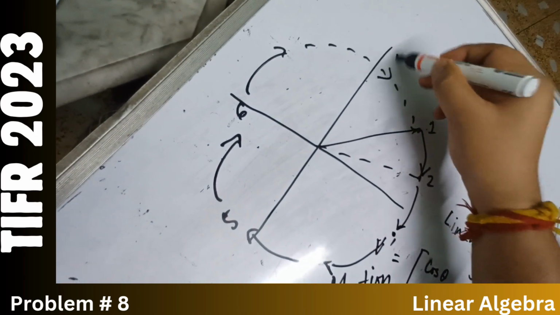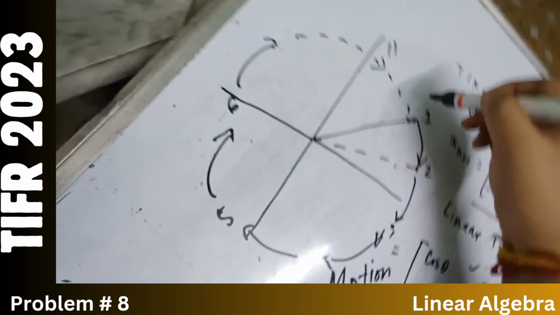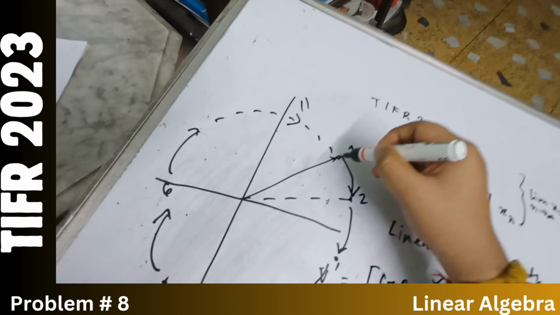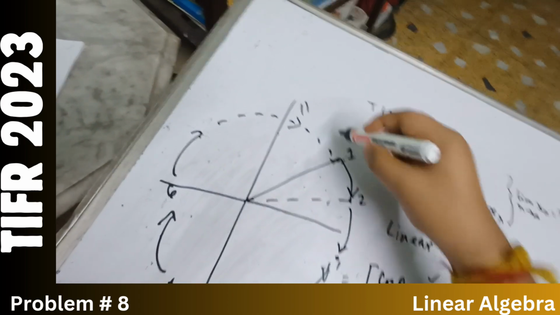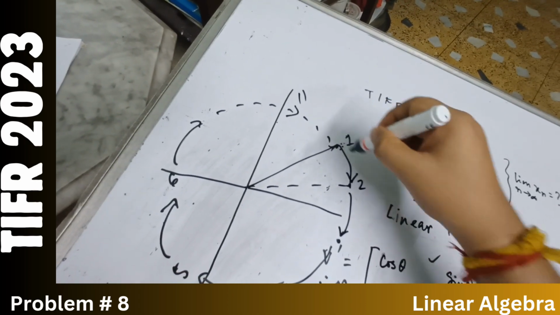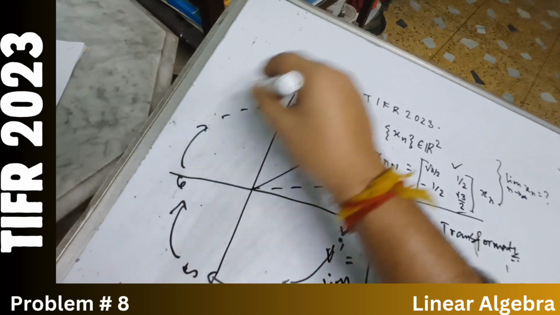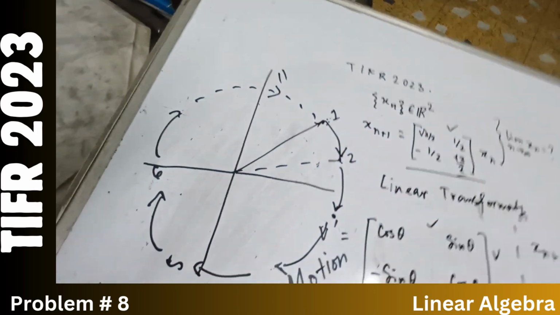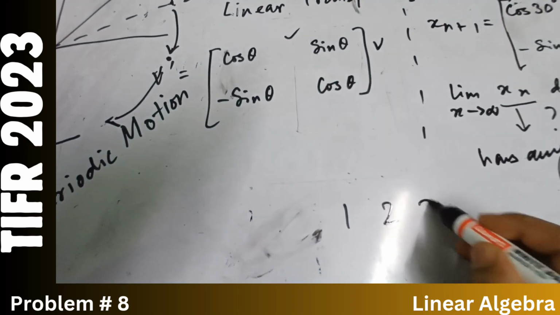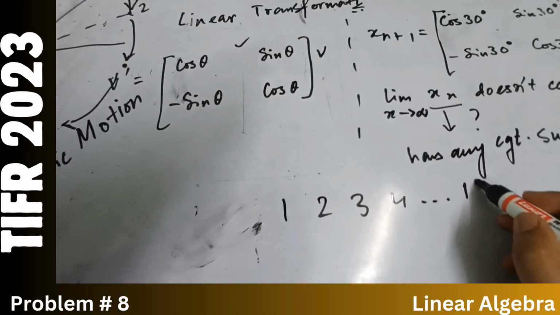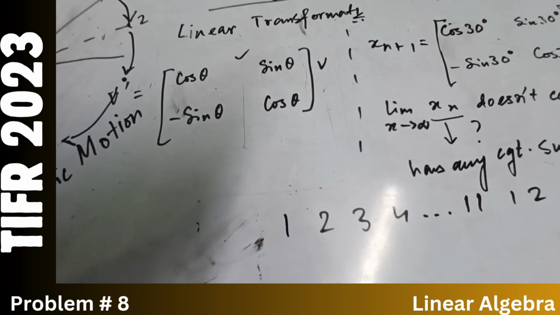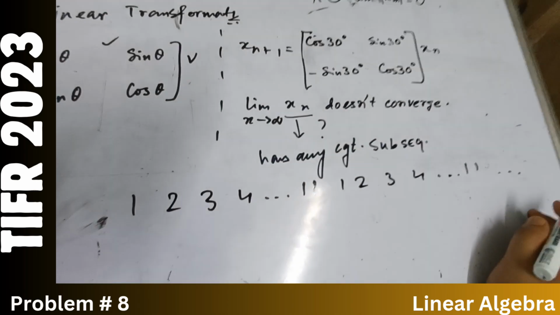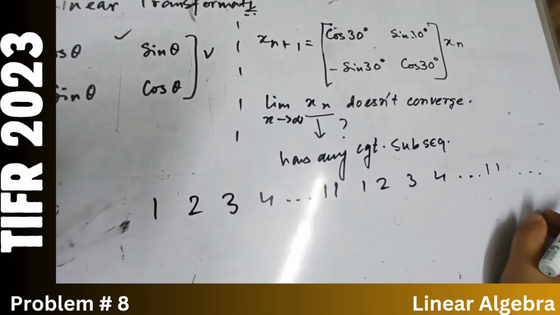After the 11th rotation, we are again coming back to the first position. So again the cycle becomes 1, 2, 3, 4, and so on up to 11, and again 1, 2, 3, 4, up to 11, and this pattern follows forever.